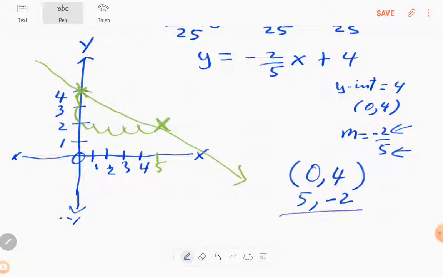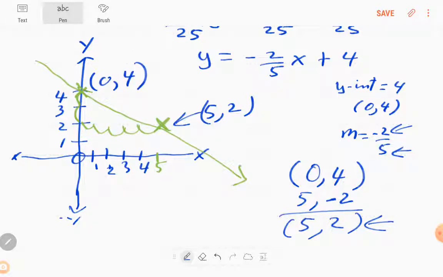Now if we add, we would have (5, 2). So this point here is (5, 2). Starting at (0, 4), we end up at (5, 2). That's another little trick you can do to make sure you get the next point.